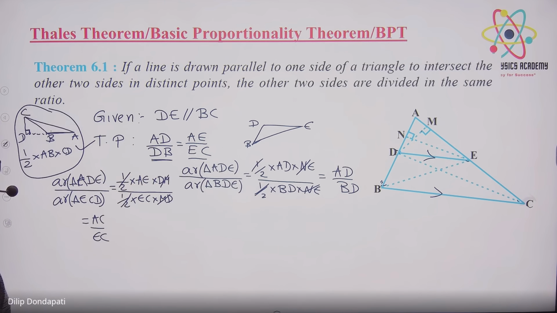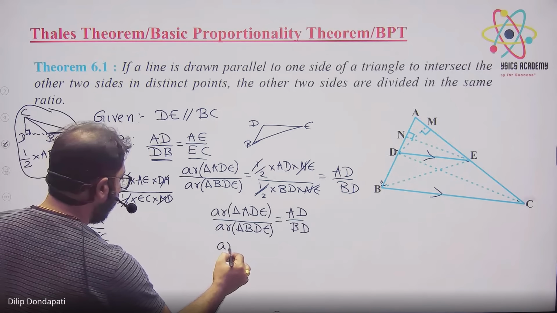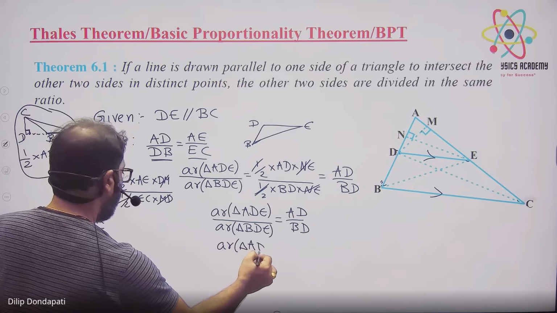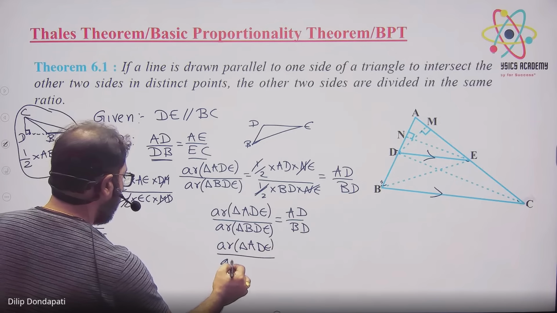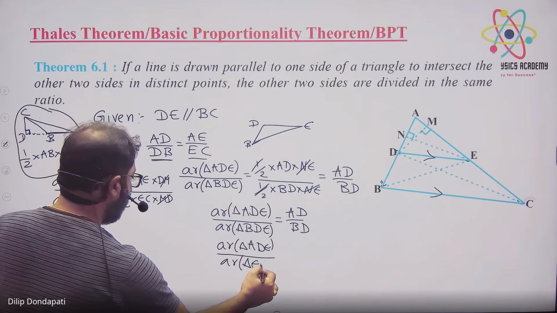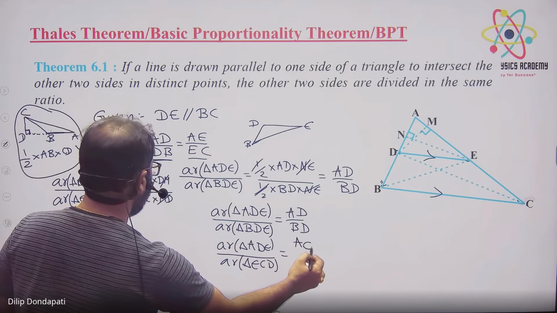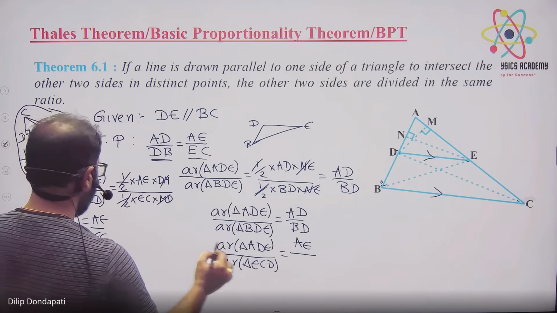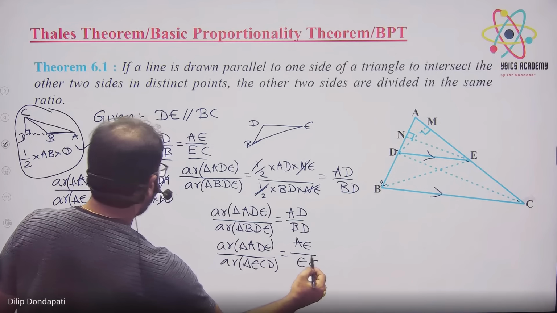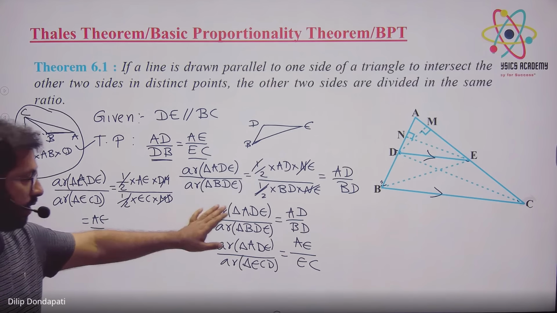AD by BD. Okay, similarly, area of triangle ADE by area of triangle ECD, how much you got? AE by EC, right? This one we got like this.